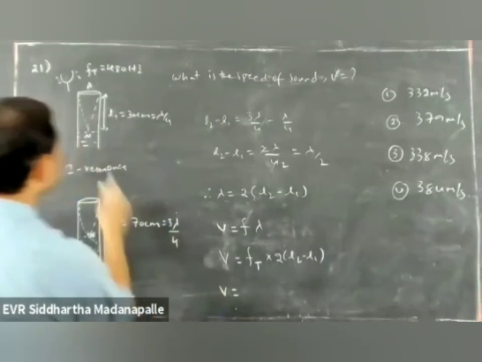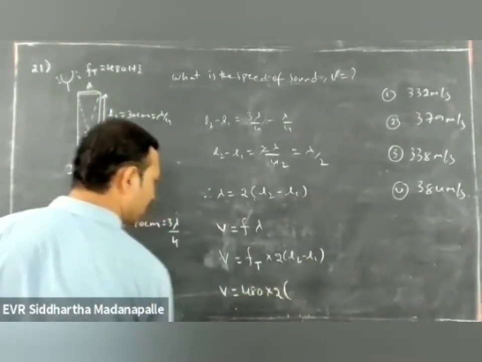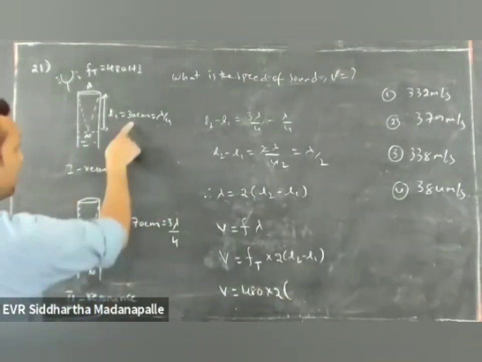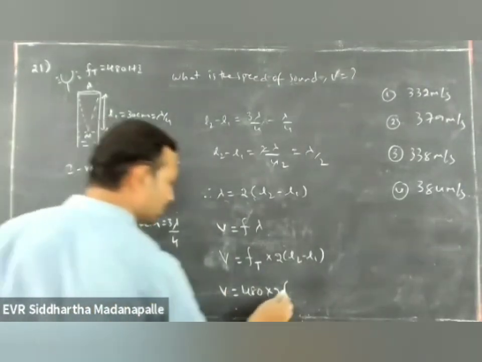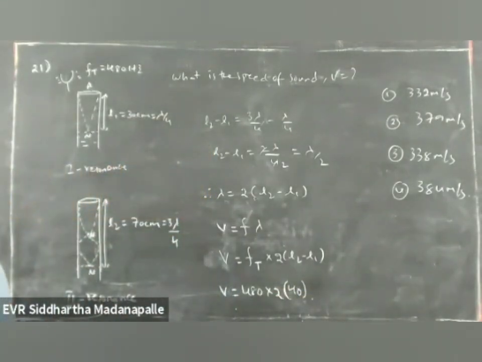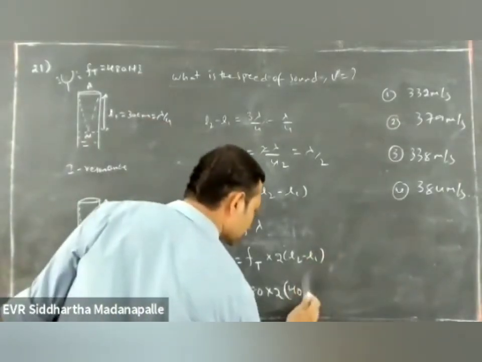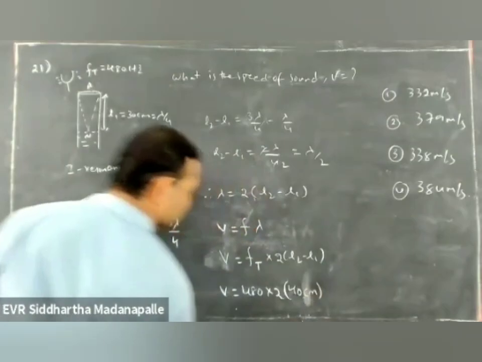So V is equal to 480 into 2 of L2, 70 minus 30. 70 minus 30 is 40. This is in centimeter. Yes, sir, 384.